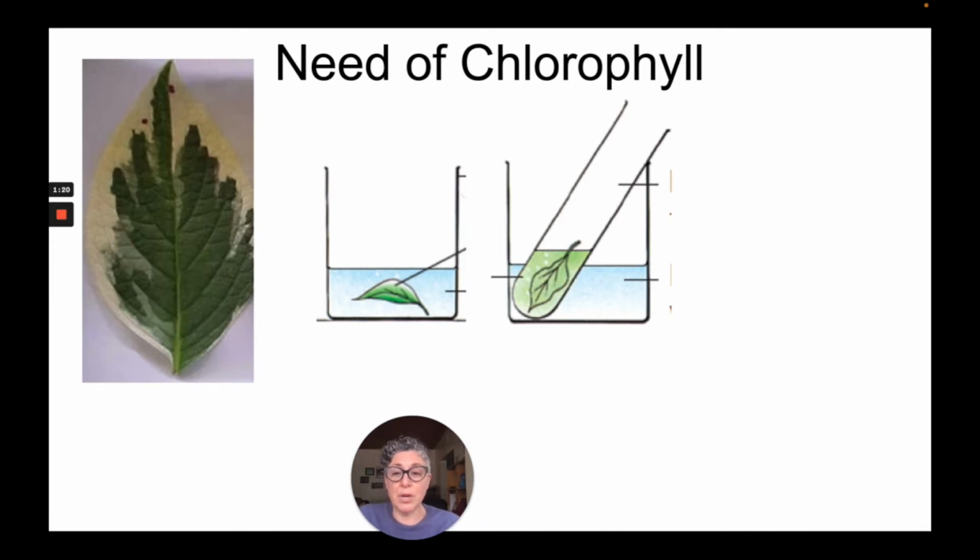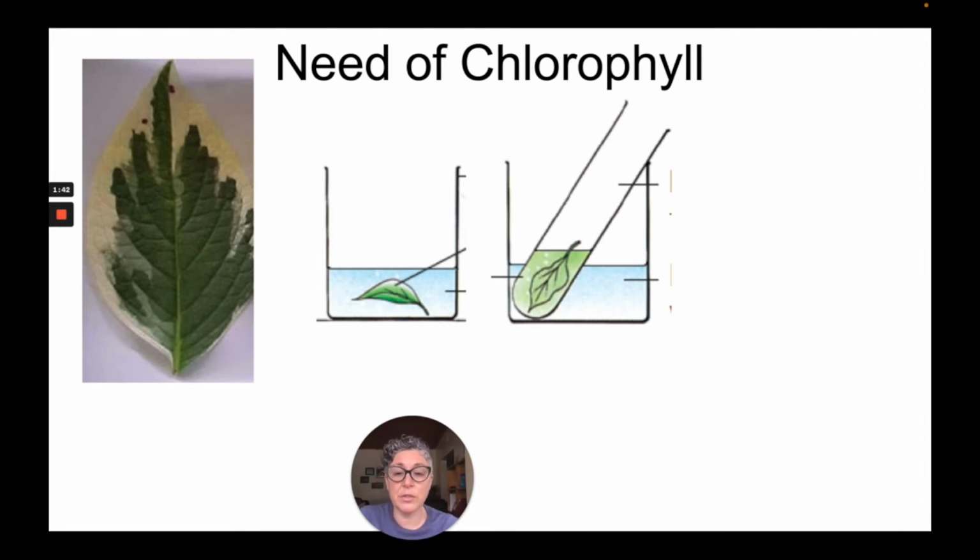So the assumption is that the green area where the chloroplasts are located with the chlorophyll pigments are going to have the starch granules, and then we'll turn the iodine solution blue-black only in those areas. So that's what we're going to see if that is truly the case.